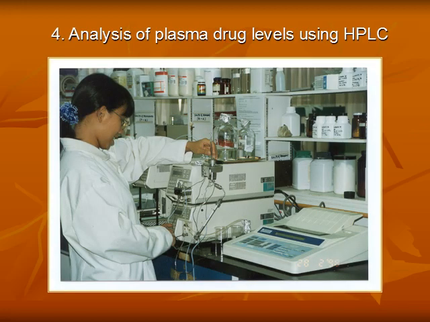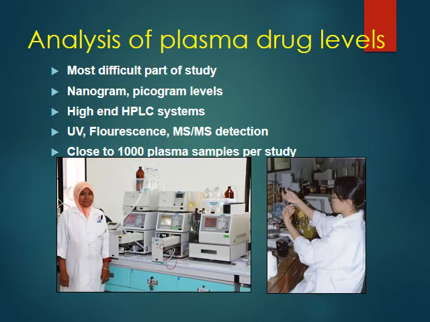Then the blood is taken for analysis by using HPLC. This is the machine for HPLC. The analysis of the plasma drug level under the HPLC machine is very challenging. It is the most difficult part of the study when you are dealing with nanogram or even picogram of drug concentration in the blood.